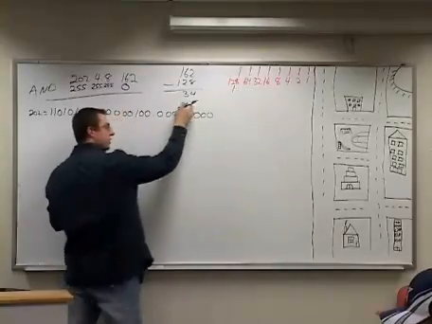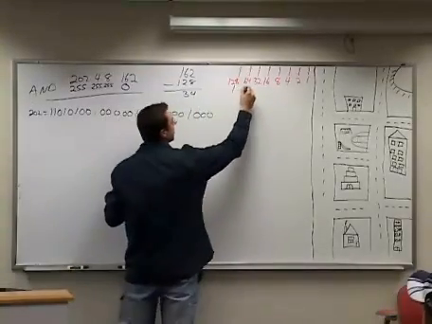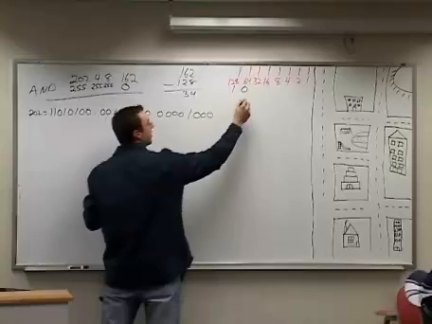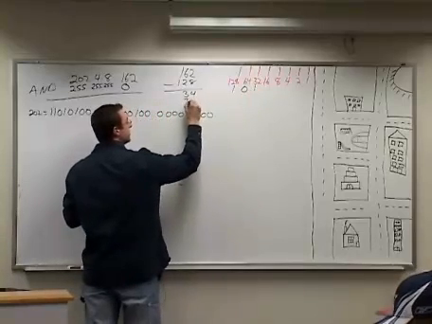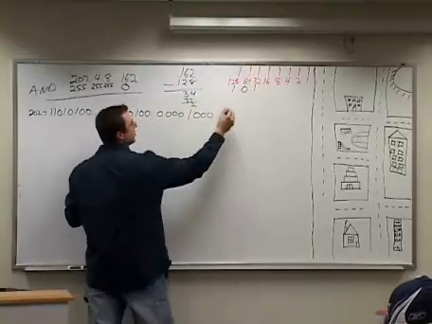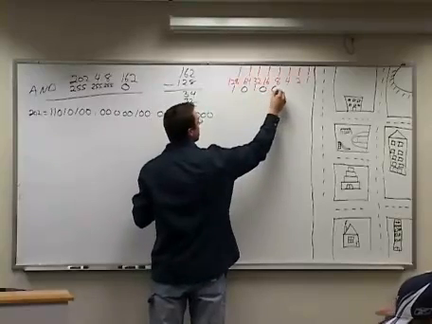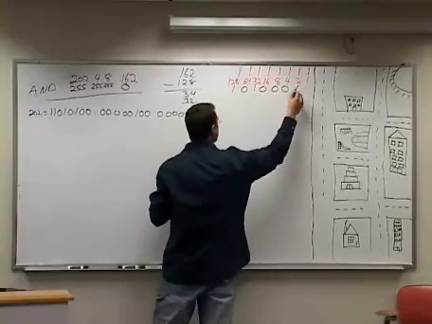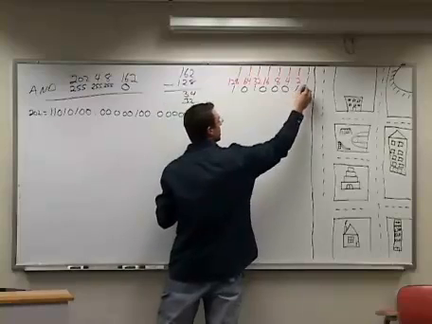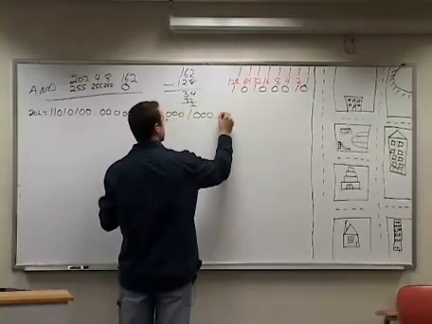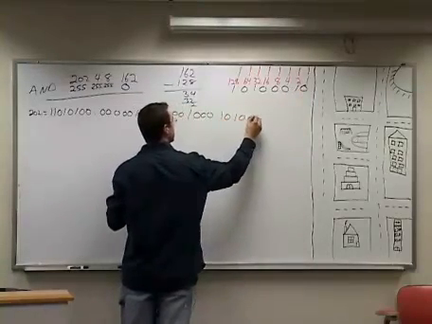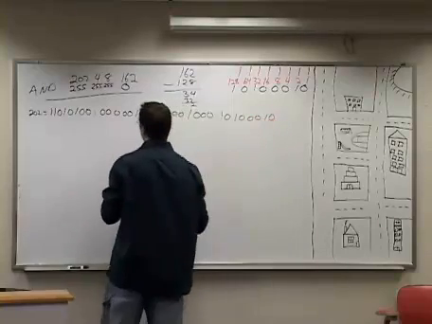Does 64 fit into 34? No. Put a 0. 32 fit into 34? Yes, it does. Gives me a remainder of 2. 16 into 2, no. 8 into 2, no. 4 into 2, no. 2 into 2, yes. And a 0 there. So this is 1, 0, 1, 0, 0, 0, 1, 0.